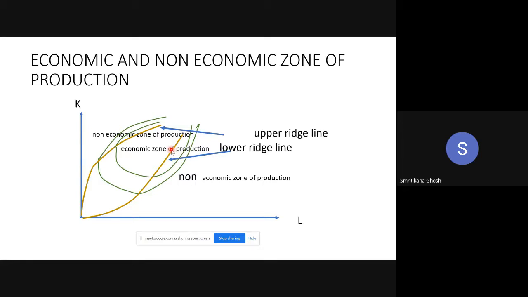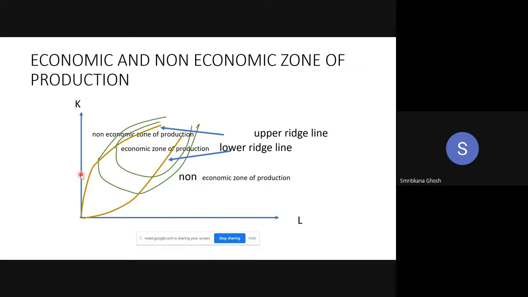So the names of these two yellow lines are the ridge lines. Okay, ridge lines. The lower one is the lower ridge line and this one is the upper ridge line. The ridge line is dividing the area where the producers are interested to produce from the area where producers are not interested to produce.